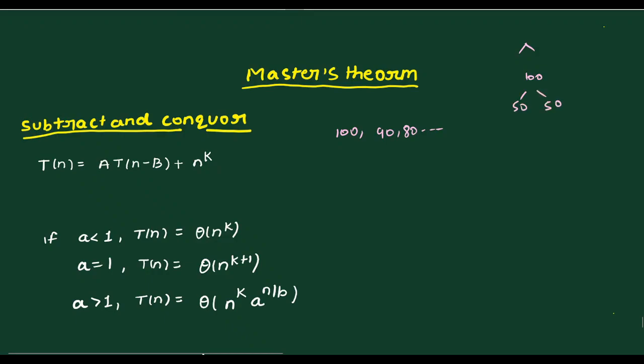So the formula for subtract and conquer is applicable if the form is a T of n minus b plus n power k. So if your a is less than 1, T of n becomes theta of n power k. If your a equals 1, your T of n becomes theta of n power k plus 1. And if your a is greater than 1, your T of n becomes theta of n power k into a power n by b.